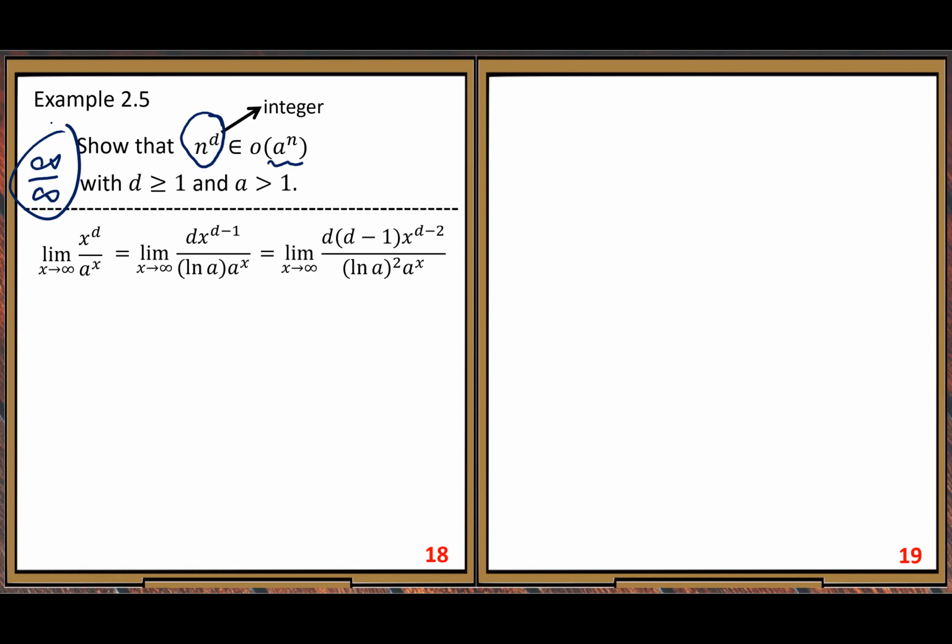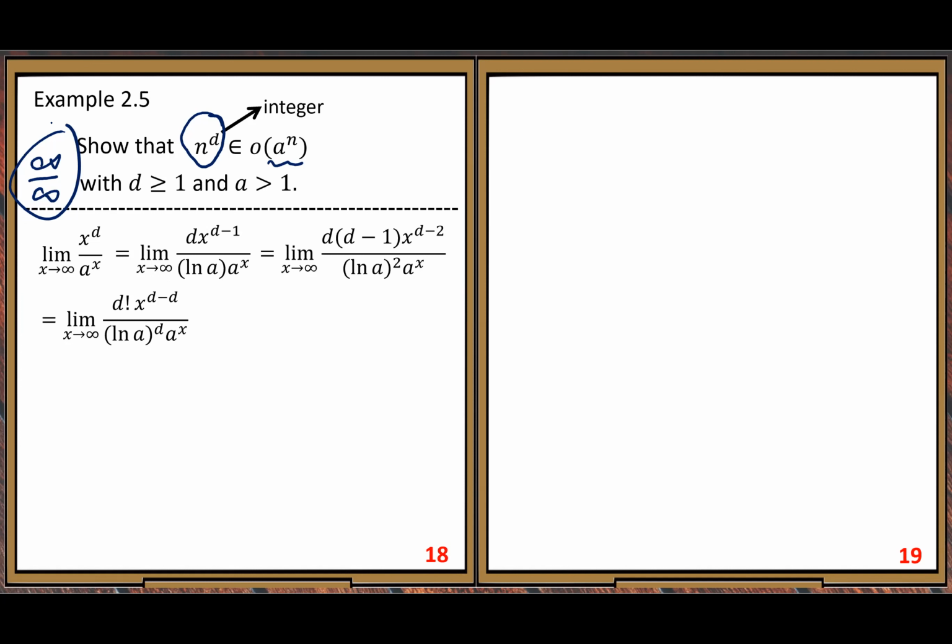Still, if d minus 2 is a positive integer, we need to apply L'Hopital's rule another time, and so on. Keep applying L'Hopital's rule until it's not an indeterminate form. So let's assume we apply L'Hopital's rule all the way to the last one.